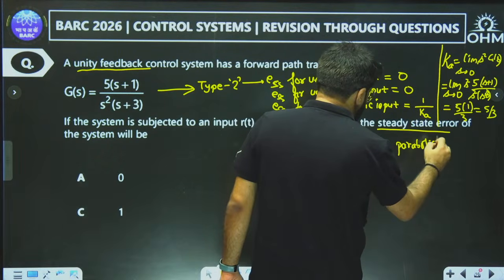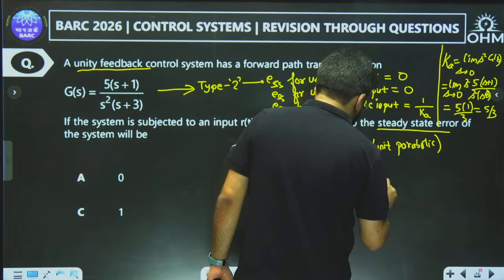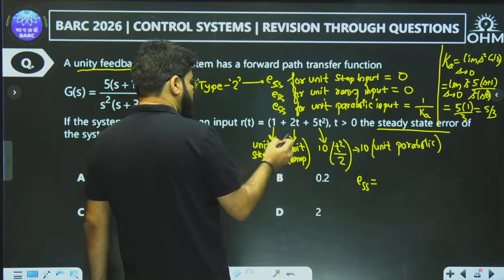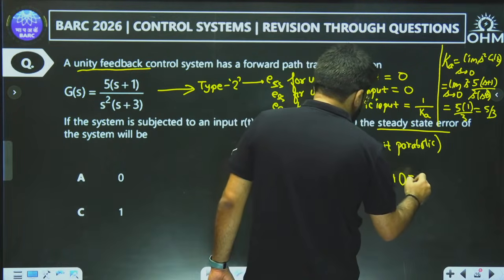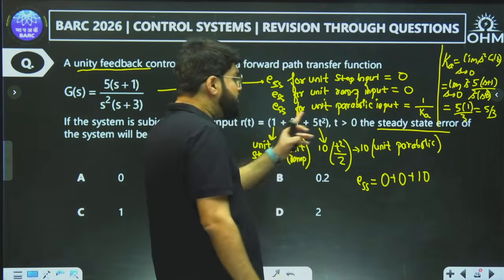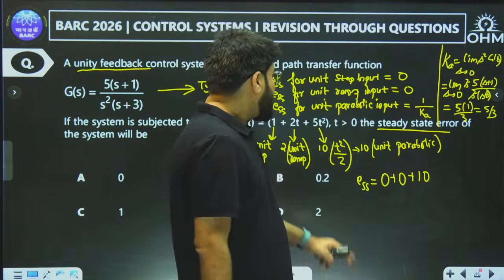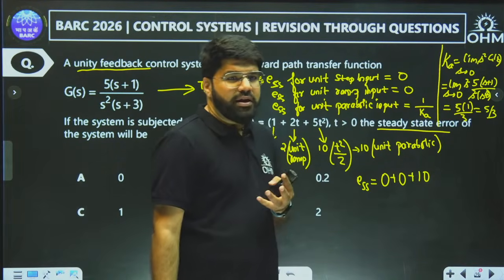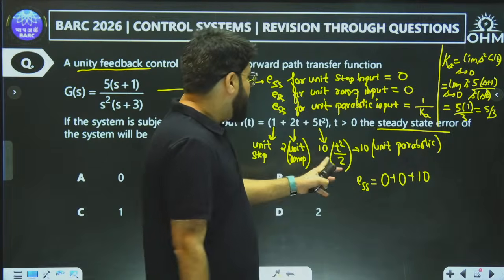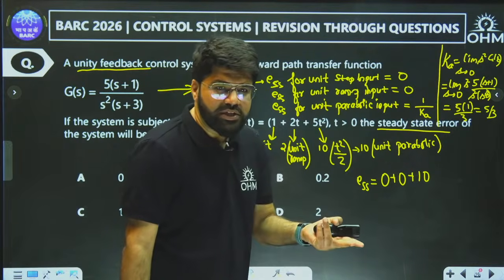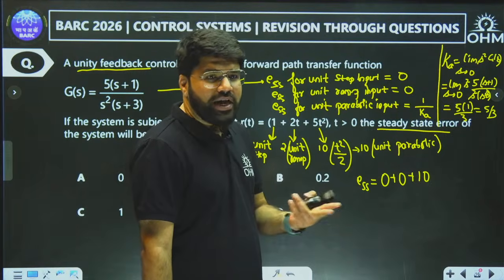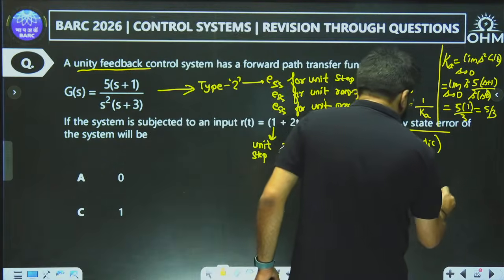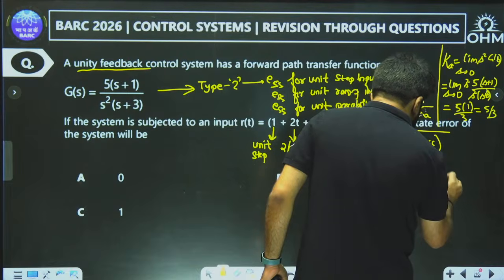Okay. Now, what is the steady state error? There are 3 different elements of input, but because of step and because of ramp, the error is 0. But because of unit parabolic, the error is 1 by Ka. For 10 times unit parabolic, see what is the error? Difference between input and output. If input is 10 times, output is also 10 times. Linear system. If input and output are both 10 times, error is also 10 times. So 10 times 1 by Ka.